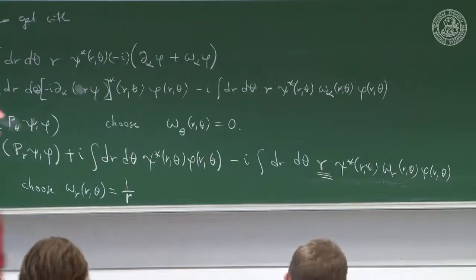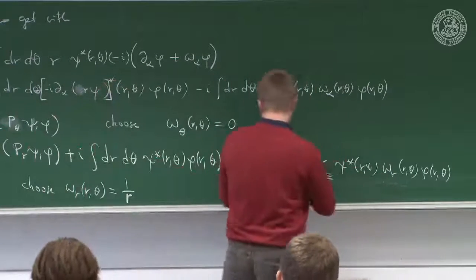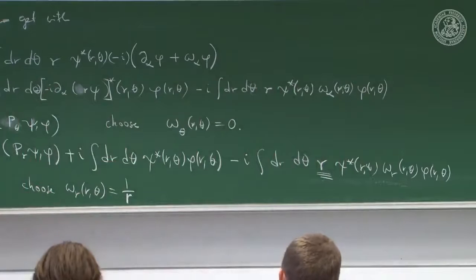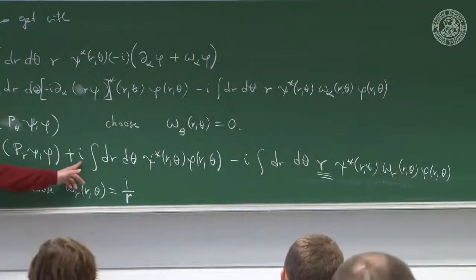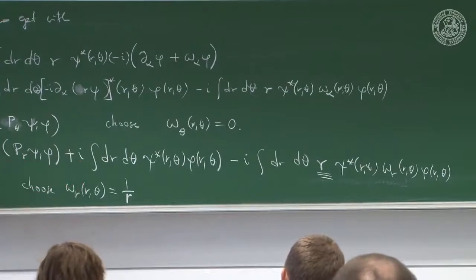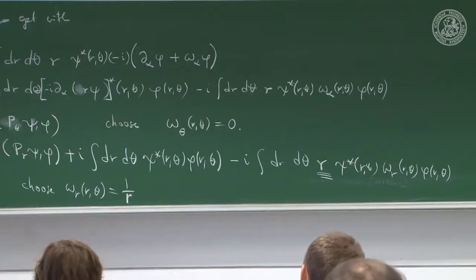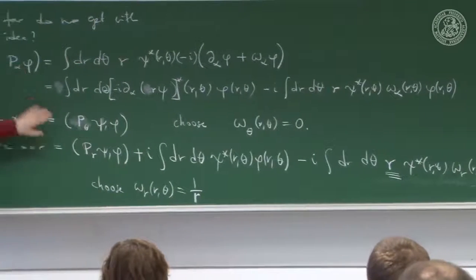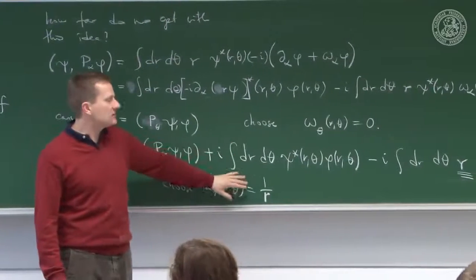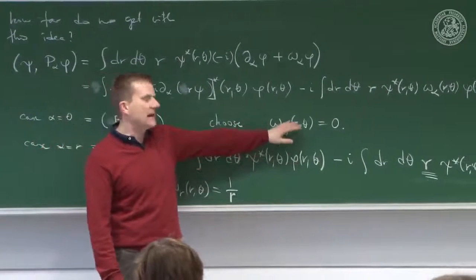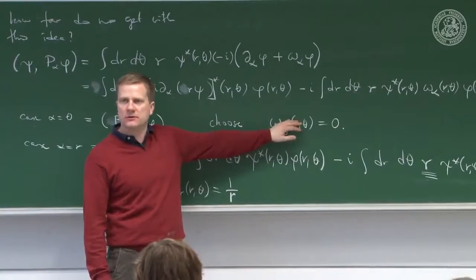Omega is 1 over r, then this r goes, and these two integrals are the same, correct? Well, the same up to a sign, and hence cancel. Okay. Aha. So we now achieved, by a modified definition of this p, to get rid of the extra term in both cases by choosing the omega appropriately.